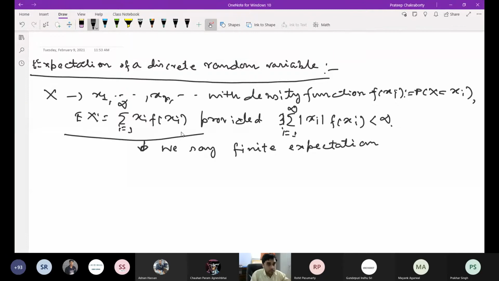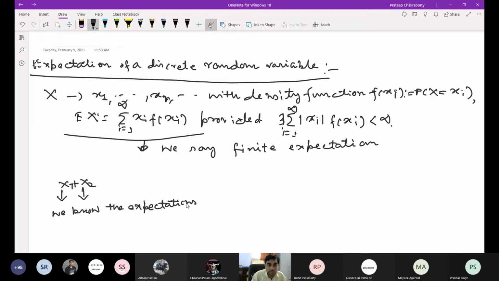Now suppose something is given, and we did some examples also on the expectation of a discrete random variable. Suppose we know the expectations of x1 and x2. How do we find the expectation of x1 plus x2 from the known expectations?